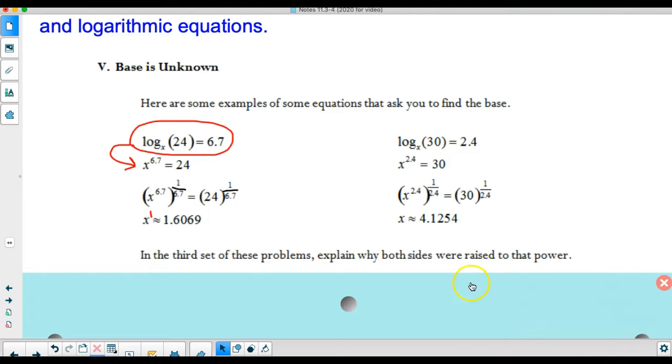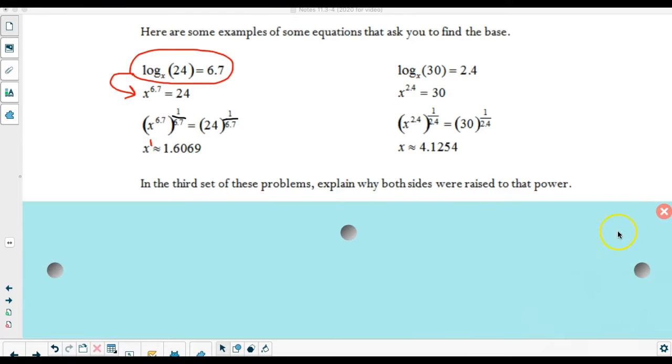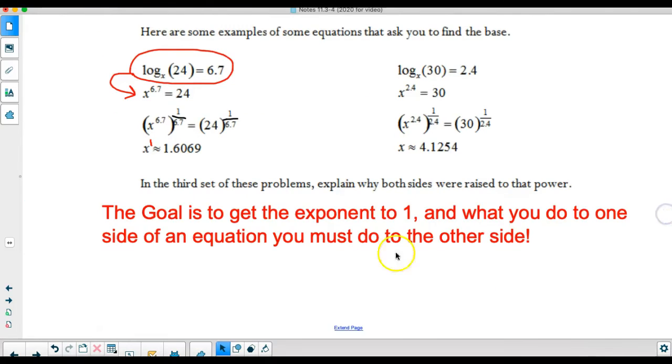Now, in this third step, explain why both sides are raised to that power. The goal here is to get the exponent on x to be a power of 1. And just remember, what you do to one side of an equation, you must do to the other side of the equation. That's why I raised both sides to 1 over 6.7.